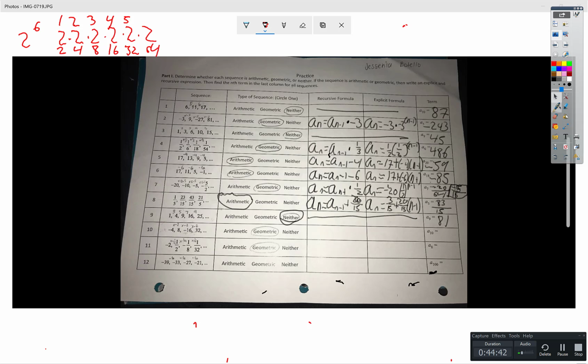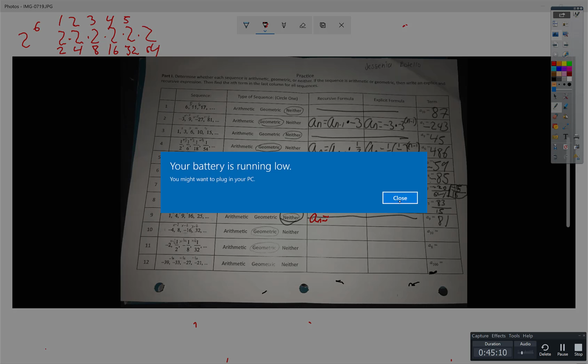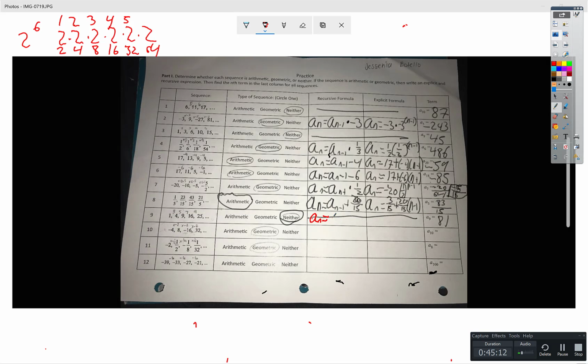The first term is 1 squared, the second term is 2 squared, so that would be an is equal to n squared, okay?